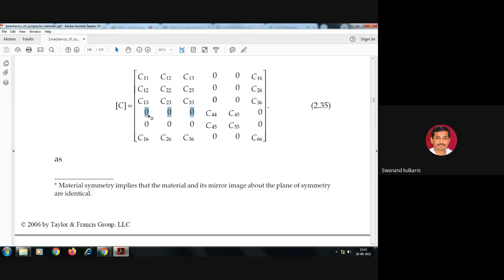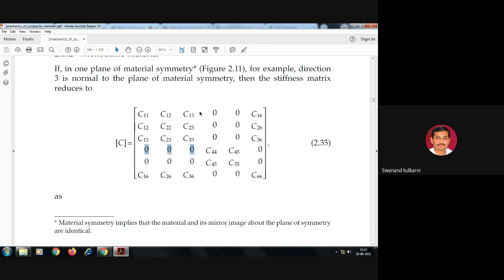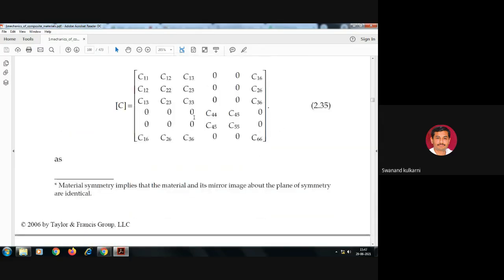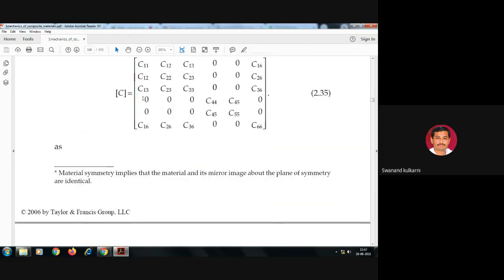So for calculating sigma 4, we don't require these three material parameters, because in monoclinic material there is one plane of symmetry here, so these material parameters do not play any significant role, and are considered 0 here. Similarly, C46 is going to 0 here, C56 is also going to become 0.